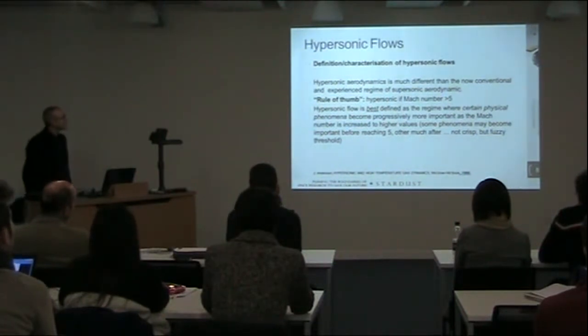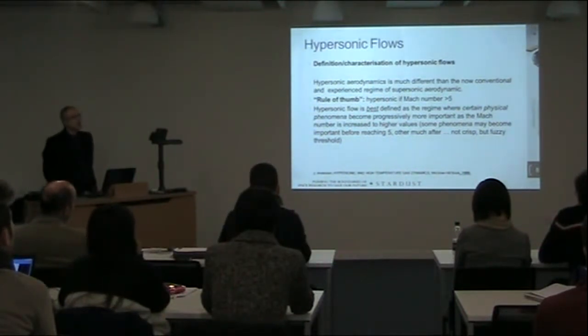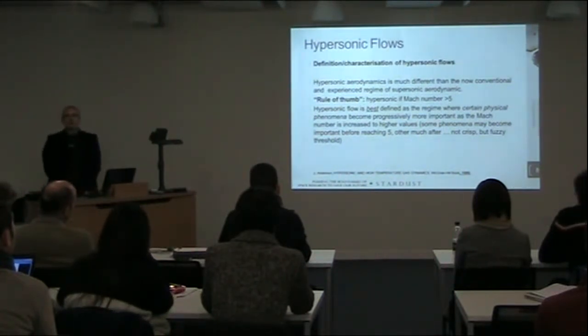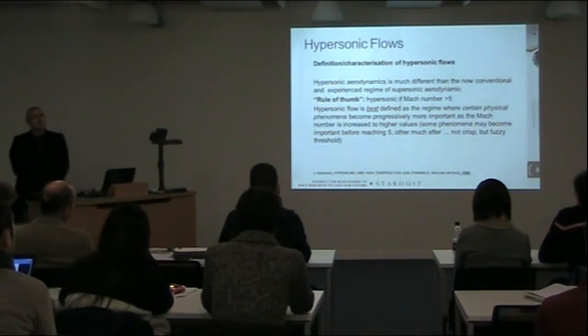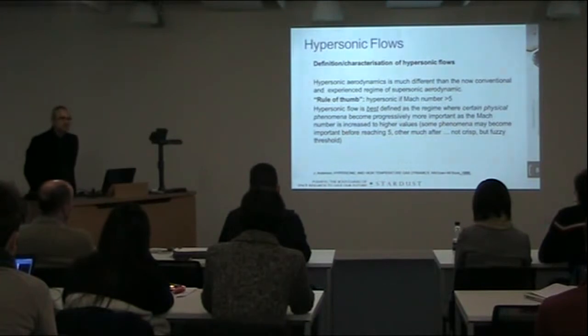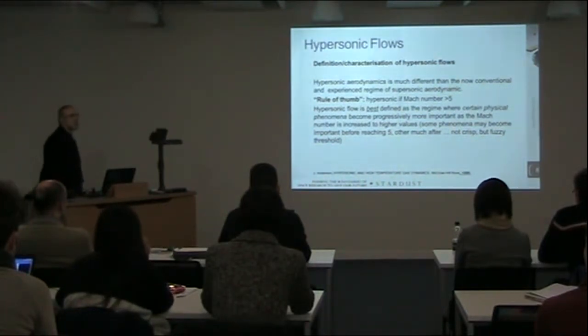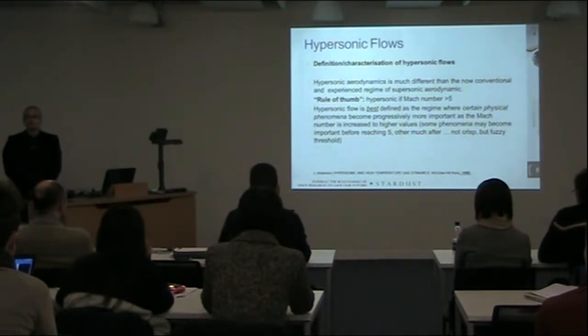Actually, we are in hypersonic flow when certain phenomena appear in the flow. Due to the density, the characteristics of the flow at infinity, and the shape of the object, some phenomena could appear at Mach 3 or 4, others at Mach 6, 7, 8.